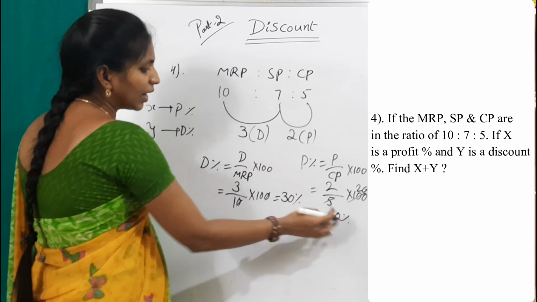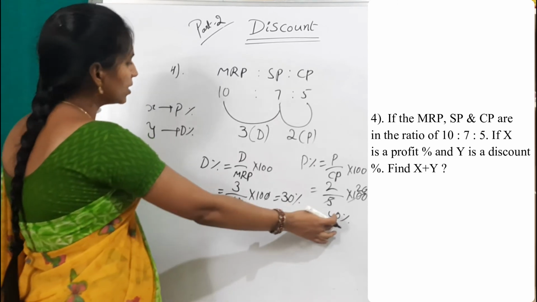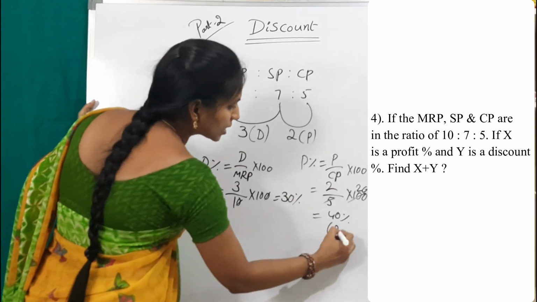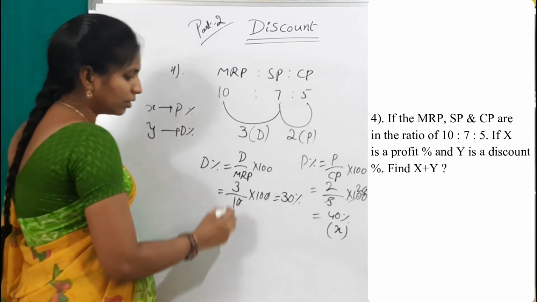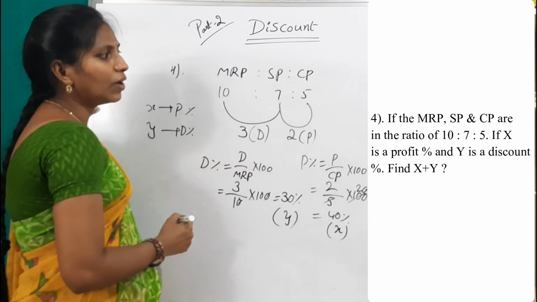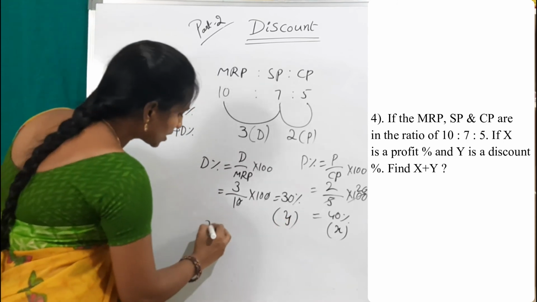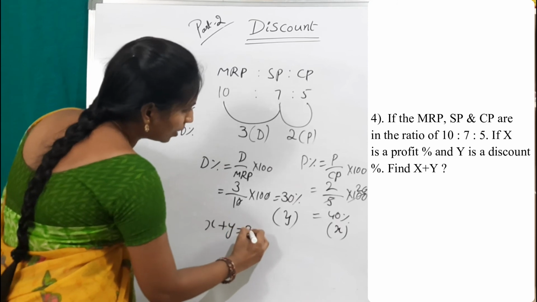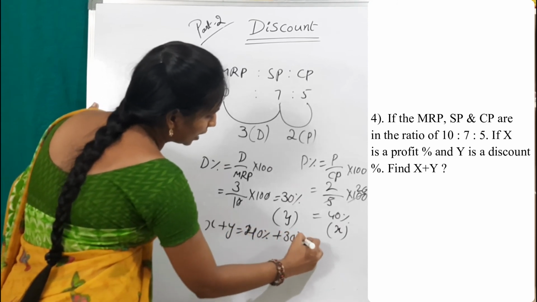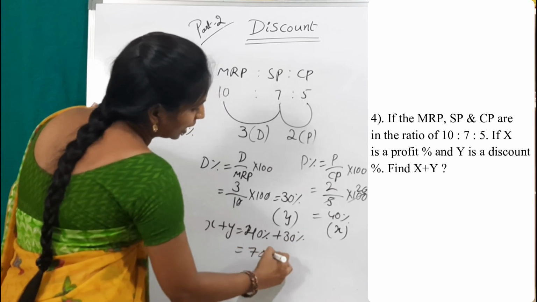This is X. X is the profit percentage and Y is the discount percentage. Then finally X plus Y means 40 percentage plus 30 percentage equals 70 percentage.